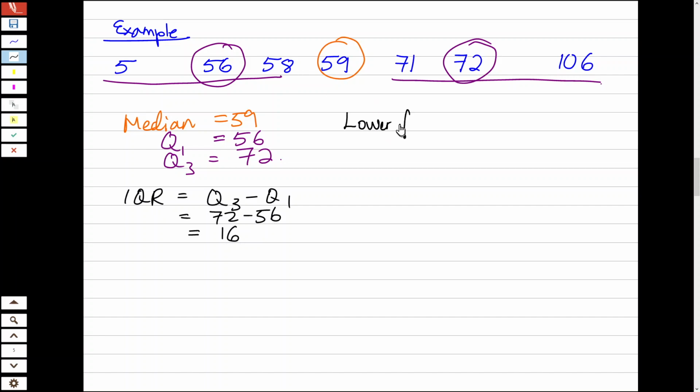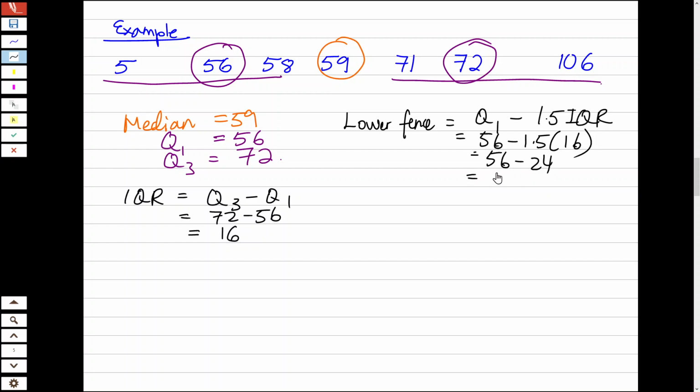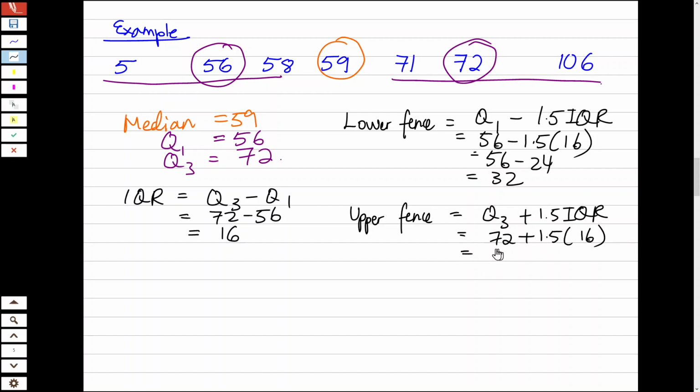So the lower fence is Q1 minus 1.5 times the IQR, which is 56 minus 1.5 times 16. So I've calculated the fences.